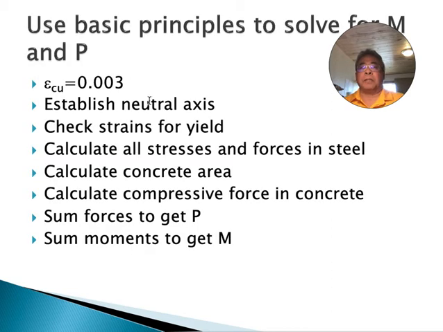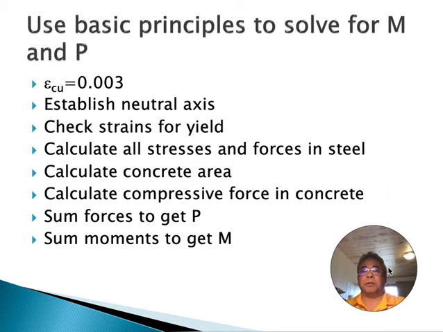What we're going to do is use basic principles to solve for M and P at failure. The key concept is that the strain at failure is 0.003, which is what we're going to assume. We're going to establish the neutral axis, that is, just pick a neutral axis. Once we know the strain at the far fiber is 0.003 and where the neutral axis is, we can calculate strains at the steel using similar triangles.